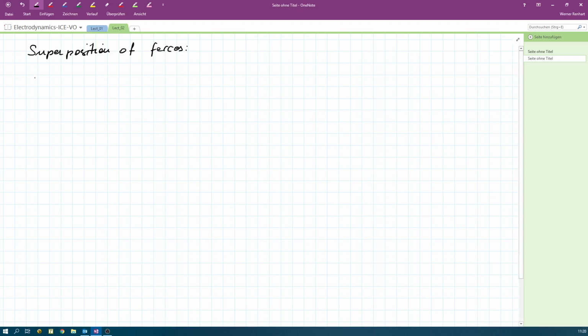So let's discuss case A. We have three charges, Q1, Q2 and Q3. Q1 is present and Q2 is present, and Q3 is located at infinity.